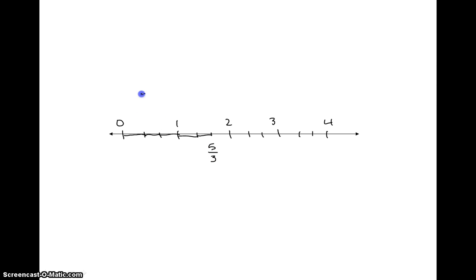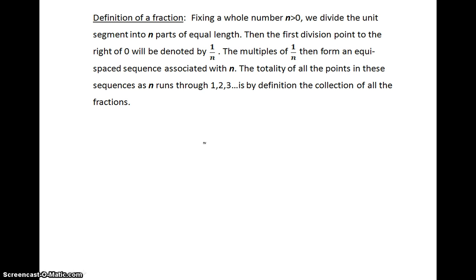So this is the distance of 0 to 5/3. So I have that collection of 1/3 that were scattered all over the place, but if I put them all together, now I have defined the distance from 0 to 5/3, which is going to put me right here. So let's talk about the definition of a fraction.